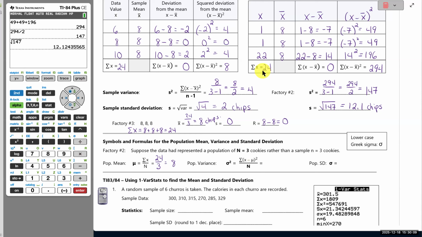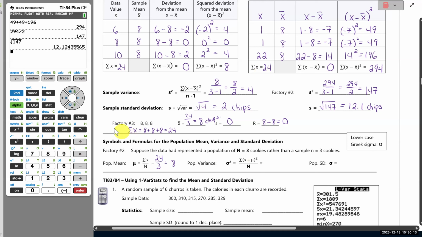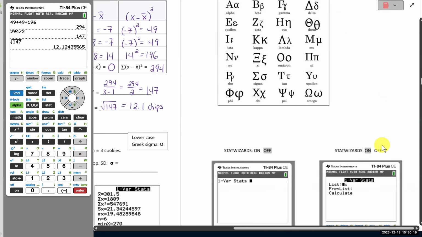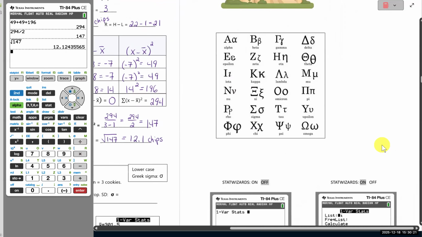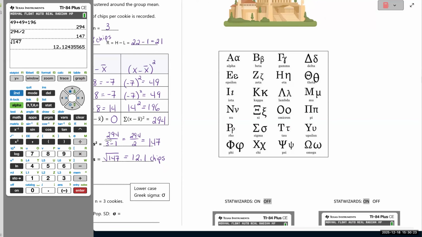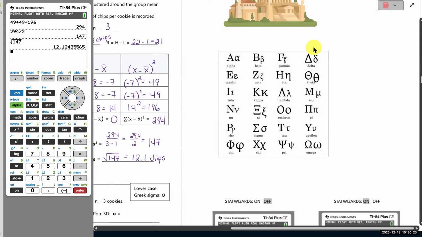But when we get to variance and standard deviation, we have a new Greek letter, and it is lowercase Greek sigma. So I think I have my Greek alphabet over here. So let's talk sigma. So capital sigma, we've been using that to say find the sum of a set of values. And next to it right there is a lowercase Greek sigma.